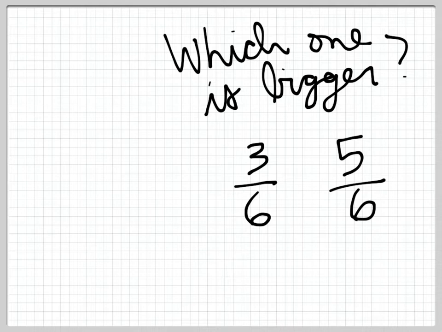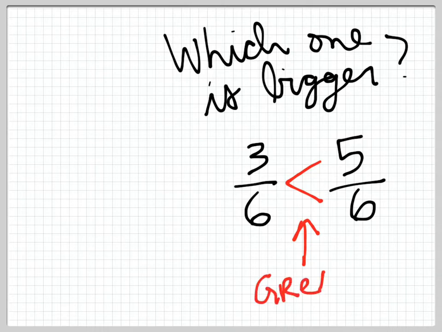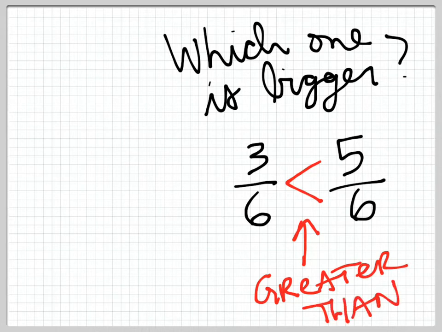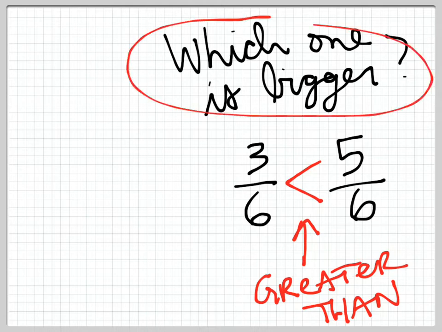This example should be fairly easy, because having 3 of the 6 pizza slices is not as much as having 5 of the 6 pizza slices, so 5/6 is greater than 3/6. When we're comparing fractions, we're going to use alligator mouth symbols. We're going to use greater than or less than symbols, because they answer our question about which one is bigger and which one is smaller.